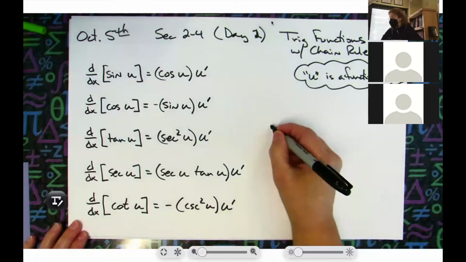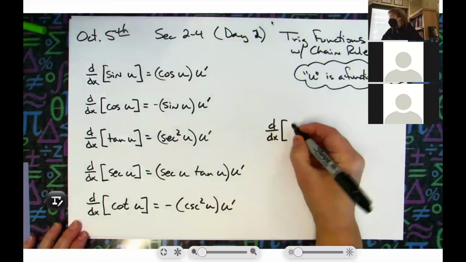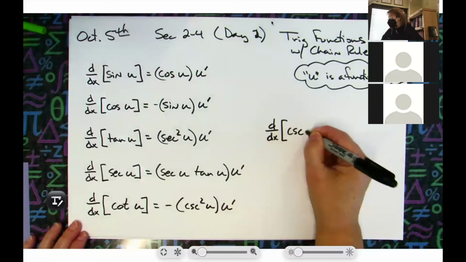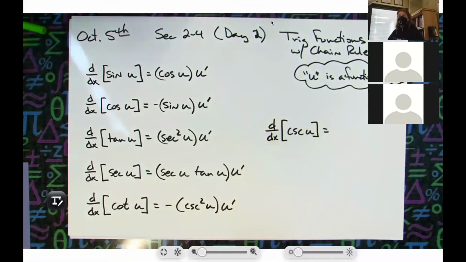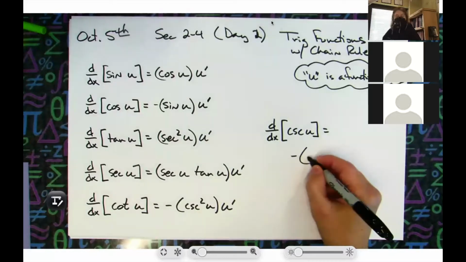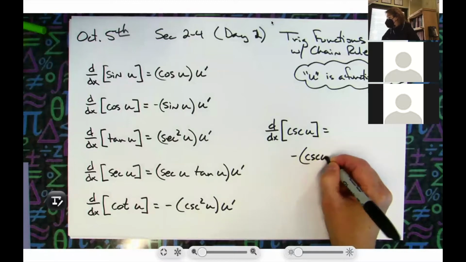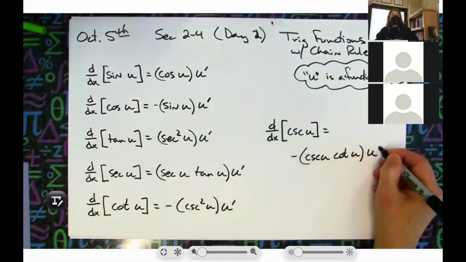I'll do it over here. d dx of cosecant u. Again, where u is a function of x. So that derivative is negative cosecant cotangent. So negative cosecant u, cotangent u, and then u prime.